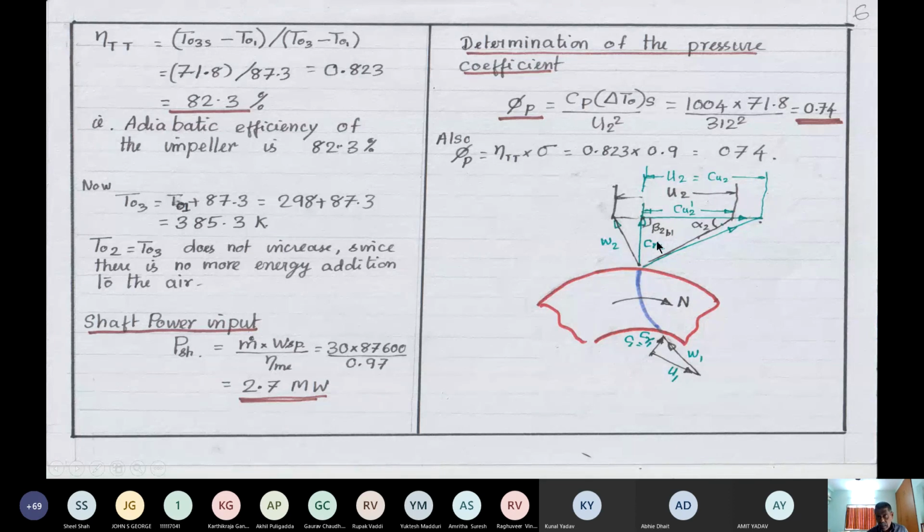The relative velocity slips back, and with that I add the blade velocity and complete the velocity triangle. I'll find that the so-called Cu2 dash, or the actual Cu2, is less when compared to the geometrical one, where the relative velocity makes 90 degrees with the tangential direction.